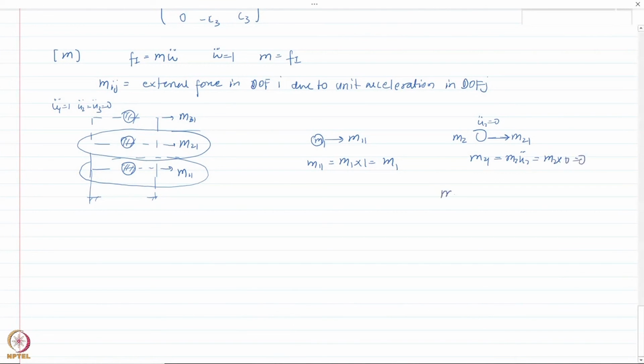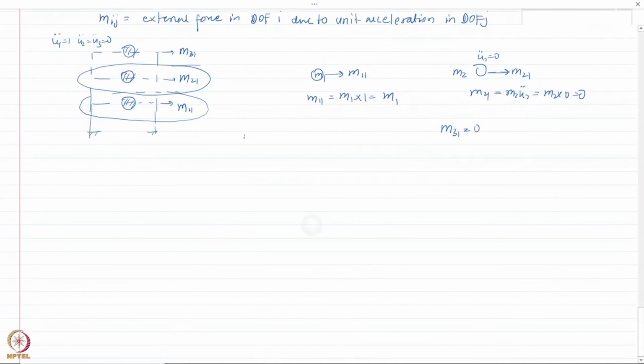Similarly, M31 is also equal to 0. And this gives us a diagonal matrix, because the first column that I get is M1, 0, 0. Similarly, I would get 0, M2, 0. So for a lumped mass system, it would only produce acceleration at that particular degree of freedom at which you are considering the unit acceleration.